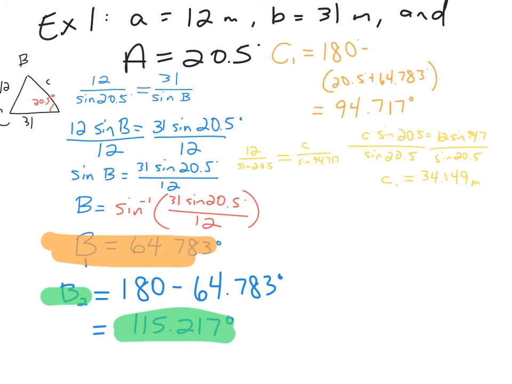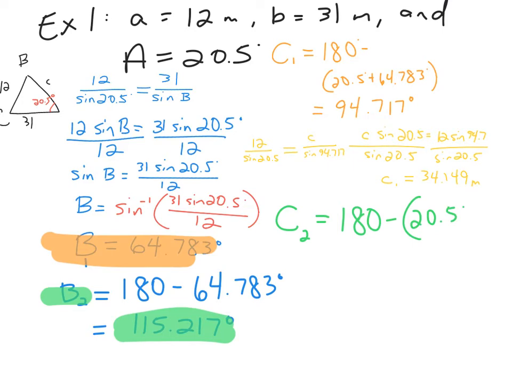And then for C2, we are going to do the same thing we did before, except this time we're going to be dealing with C2, and what we're going to get is another 180 minus, and then this time the two angles that we're working with for this triangle were the 20.5 that we had all along from angle A, plus now we're going to be using B2, and so that's the 115.217 degrees to get us our C2 value.